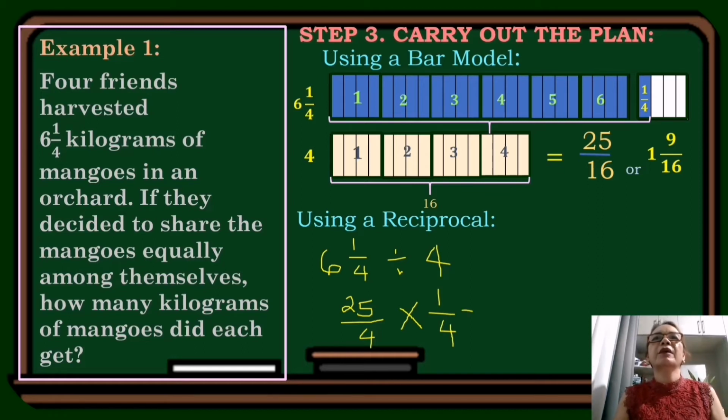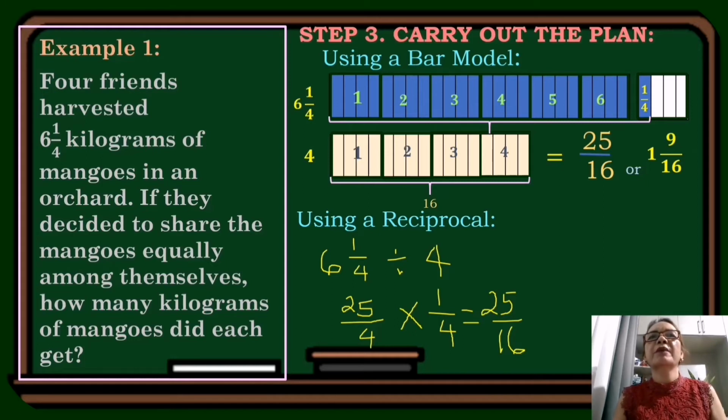Okay, so we will multiply now both our numerators. 25 times 1 is 25. And then 4 times 4 is 16. So again, it is improper fraction, so we'll change it to mixed form.